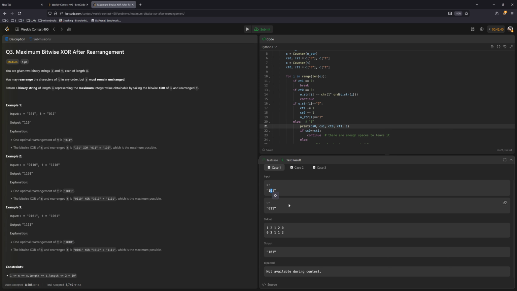So we encountered the 0 and we flipped it.